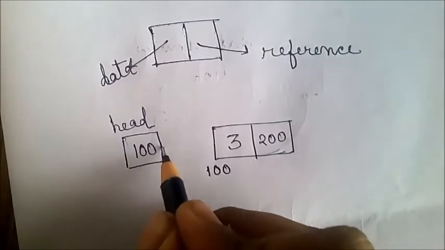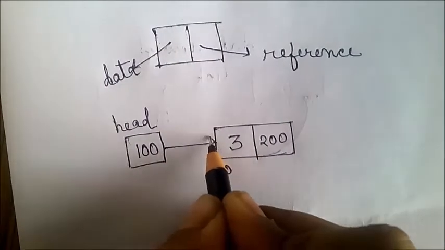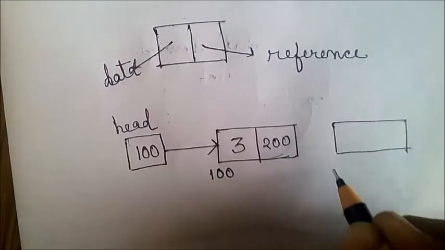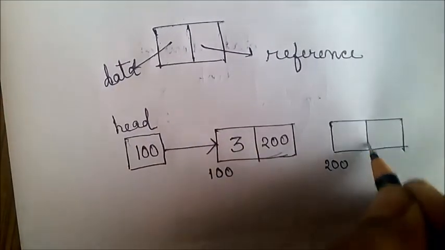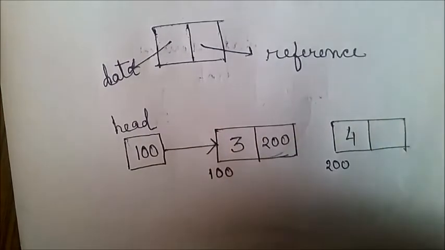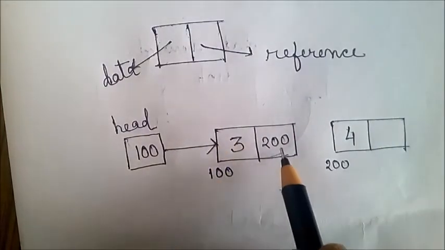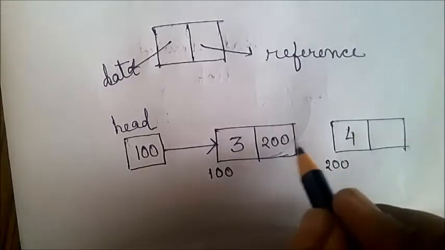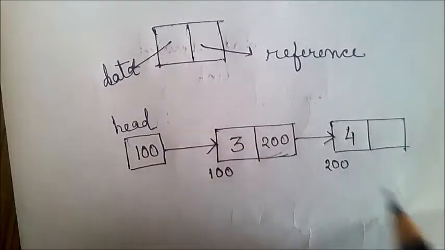So the head links to the first node. Let us consider a second node with base address 200 and data part 4. So the first node contains the base address of the second node in the reference part. So here is the link again.